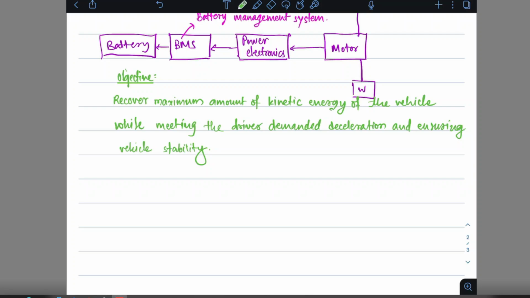All right, so this is what our objective is.